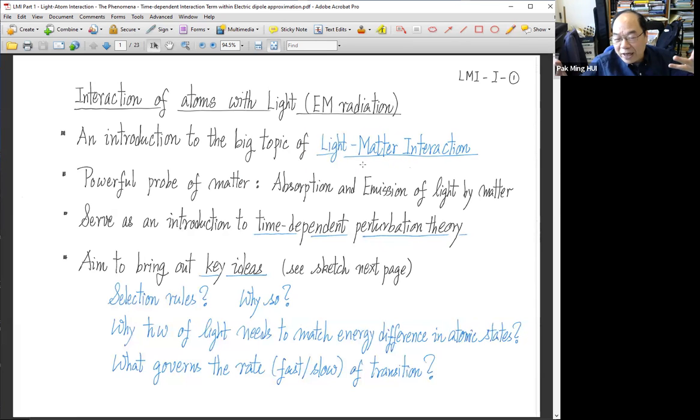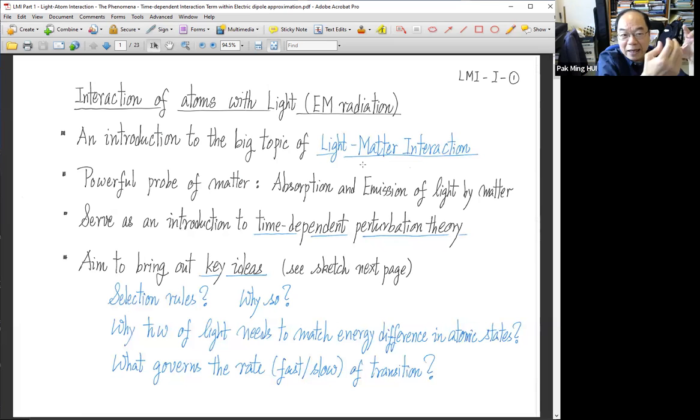Now, ordinarily, back to atomic physics, molecular physics, solid state physics, if you don't probe the atom, you don't know anything about the atom. That's why in the 19th century, the whole of atomic physics and later on quantum mechanics was established based on observation of spectral lines.